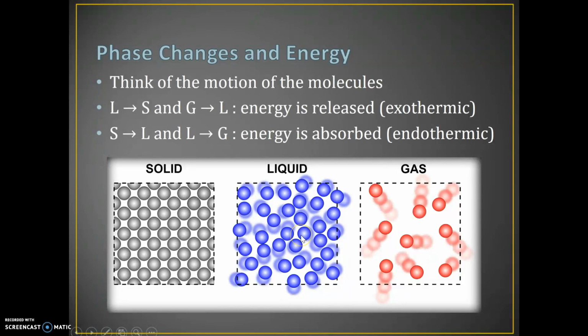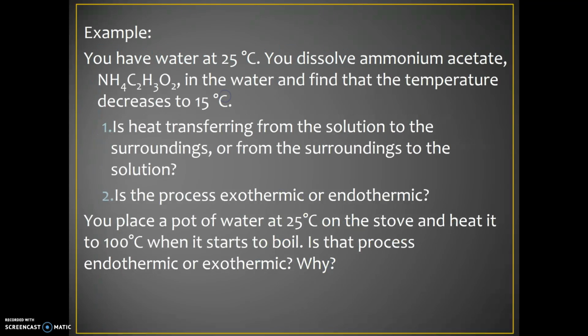When you put water on a stove, you're heating it up to boil it, but the surroundings were providing the heat, okay? So they're absorbing that energy to turn into a gas. So whenever you're dealing with just phase changes, just think of the motion, okay? Whether it's a solid, liquid, or gas and how fast they're moving.